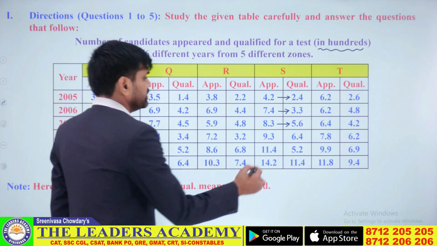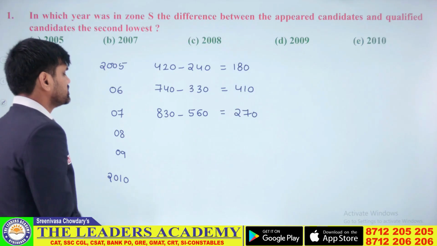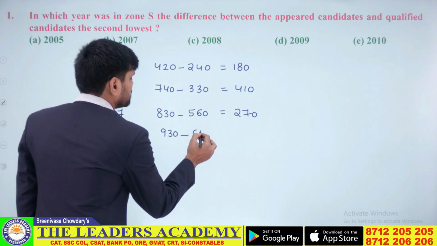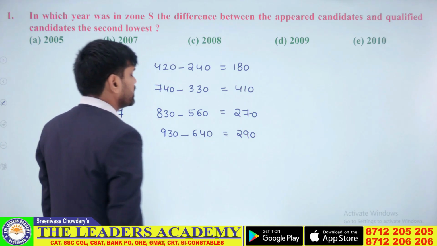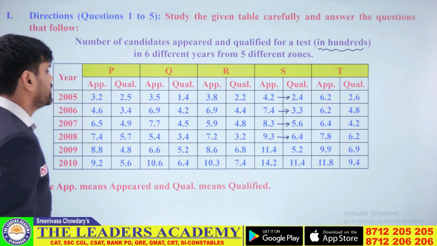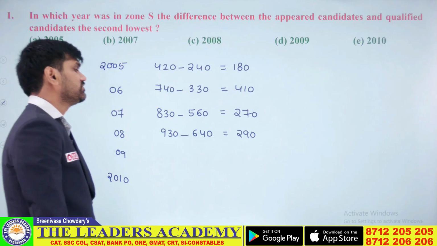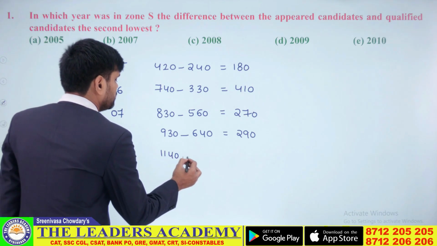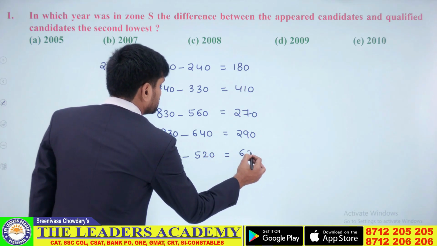Next, 2008. 930 minus 640 should give you how much? 290. Right. Next, 2009. 1140 minus 520 will give you how much? 620.